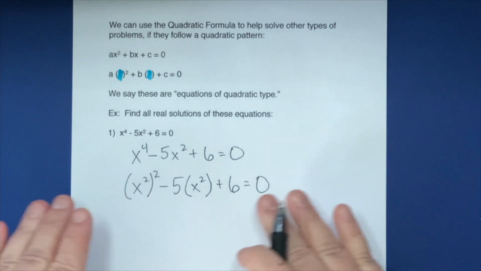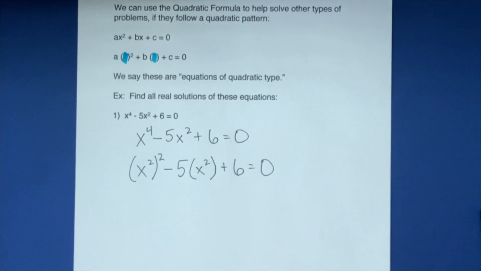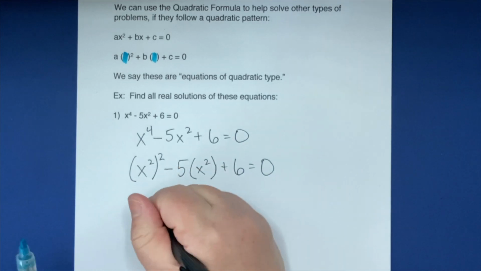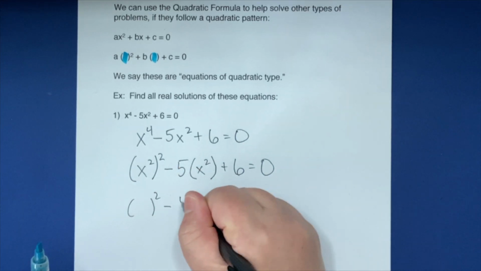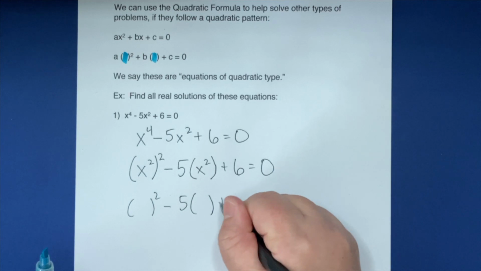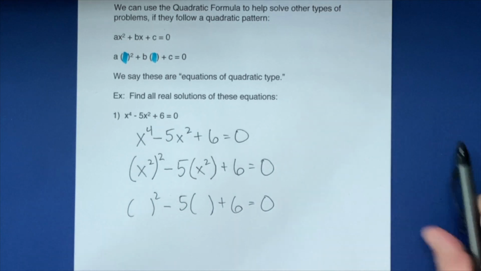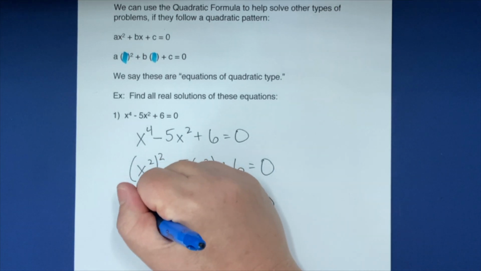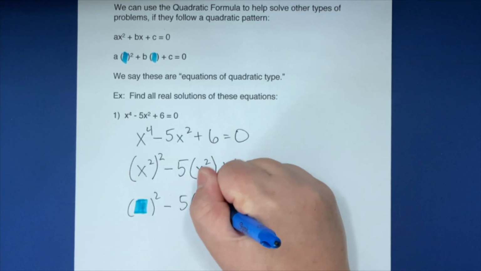Now this is a quadratic type because basically what I've got is something squared minus 5 times the something plus 6 equals 0. And I can use blue to represent the x squared.